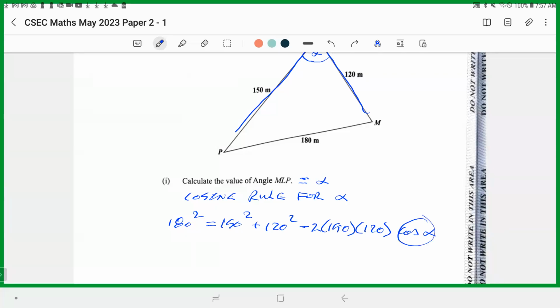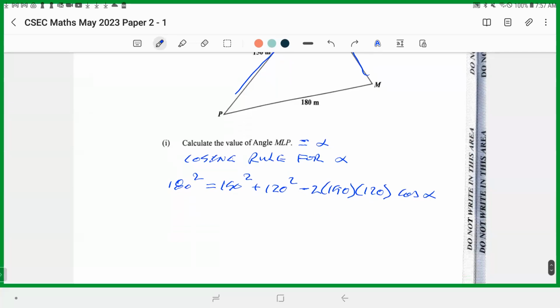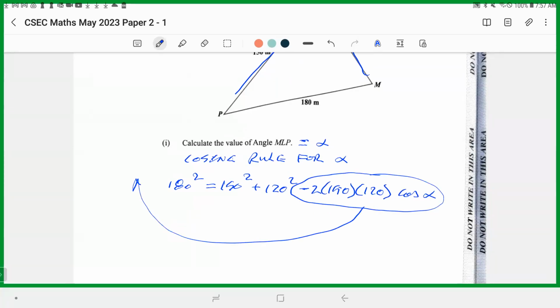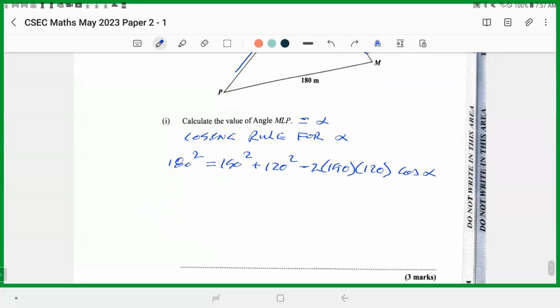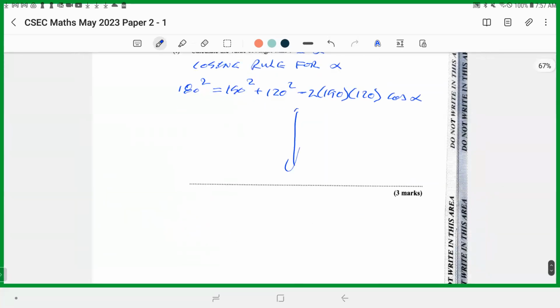So basically, I want to make this the subject now. You can transpose now. I would take all of this, bring it over here, make it positive. Take this, bring it over to this side, make it negative. And then we're dividing by that. Generally speaking, we don't have a lot of space to do this calculation, so I'm going to write what it is in a small amount of space.